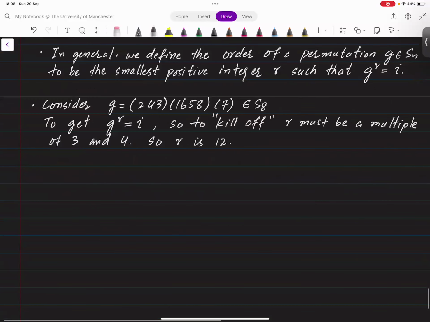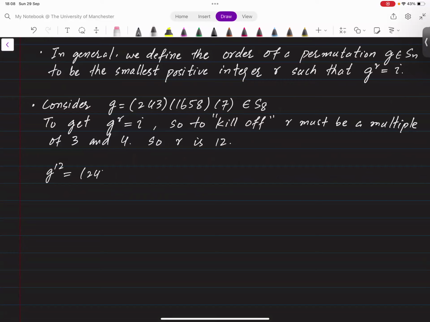It doesn't matter which order we write the disjoint cycles of G. So we see that we can write G power 12.